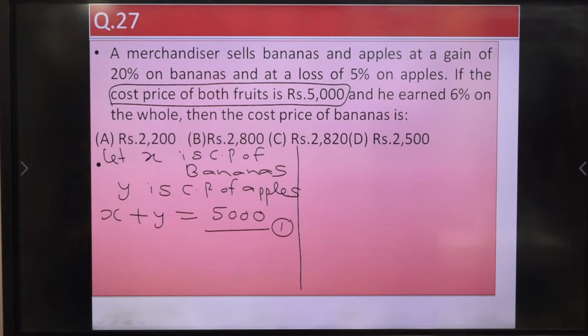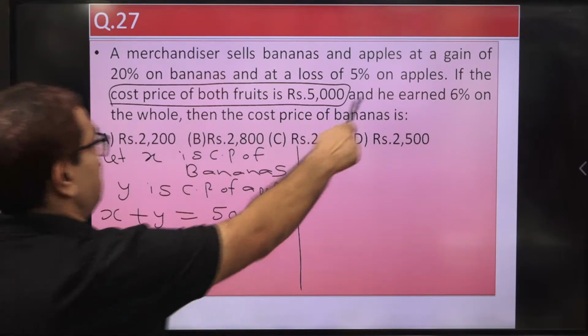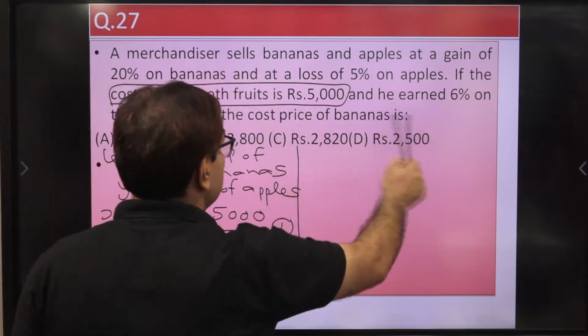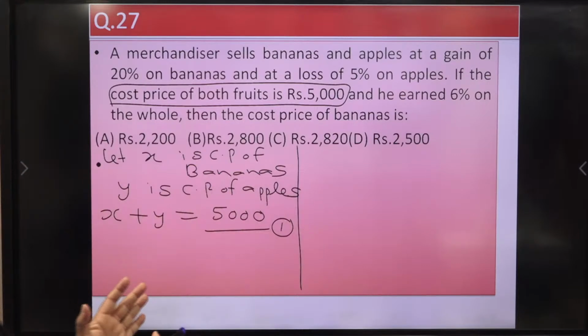Got it? Now by selling all the items, that merchandiser got 6% profit on the whole. He earned 6%, meaning he got a profit of 6% on the entire deal.